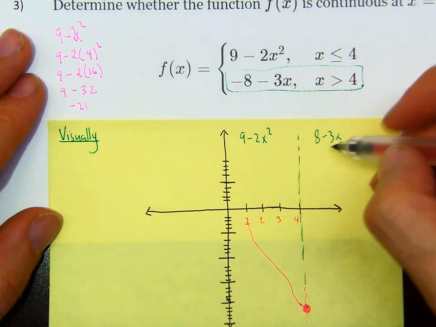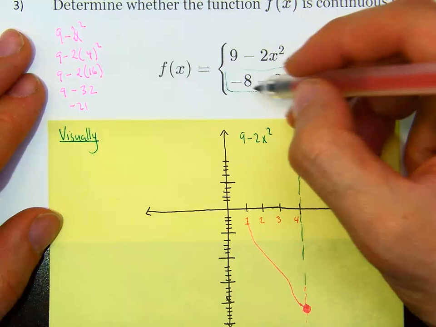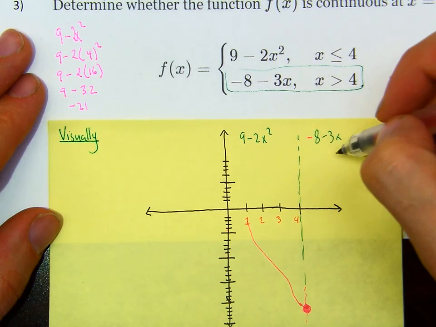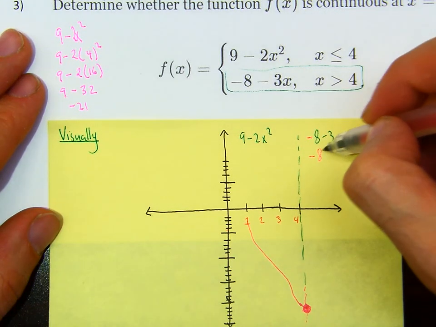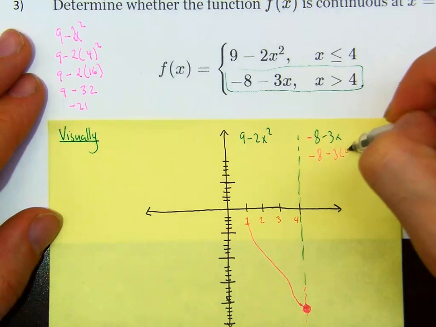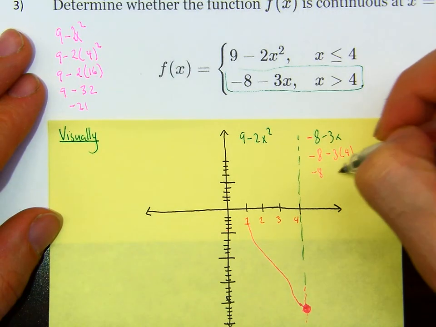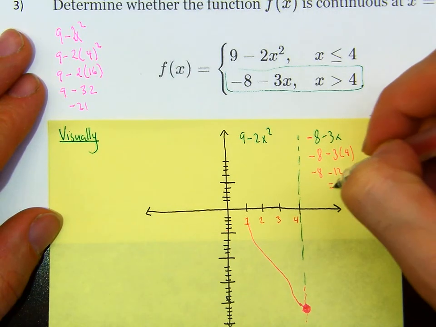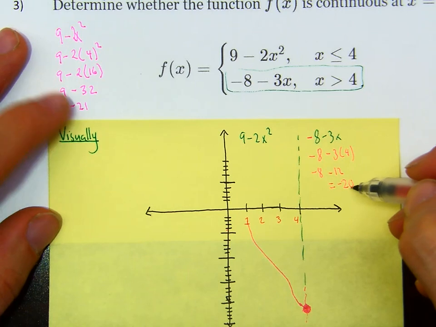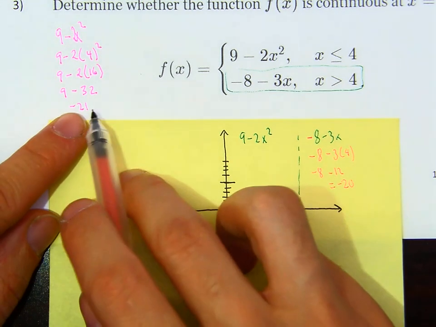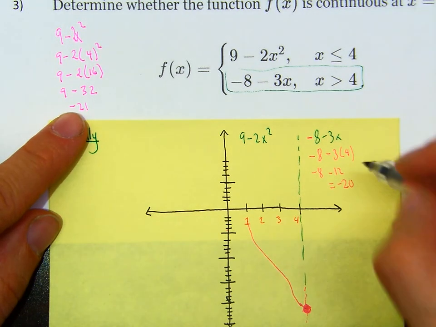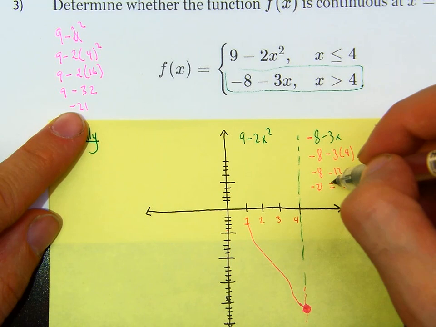If I have 8 minus 3x, oh, I'm sorry, that should be a negative 8. Negative 8 minus 3x, so this is negative 8 minus 3 times 4, that's negative 8 minus 12, that's negative 20. Ooh, it was close. So you see how negative 21 does not equal negative 20?